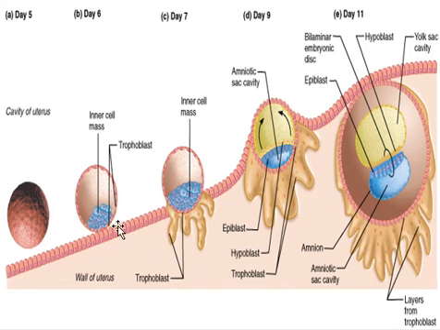This you can see here. Now this is the restoration of the decidua. So the blastocyst slowly embeds itself in the endometrium.